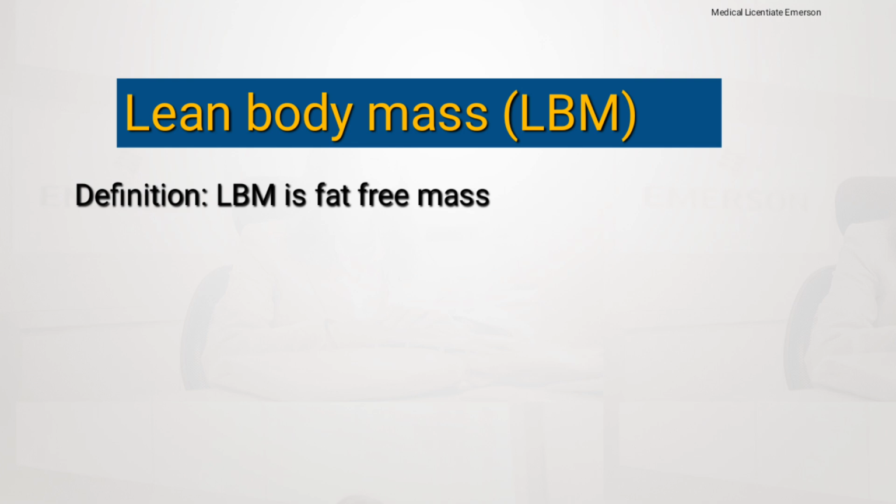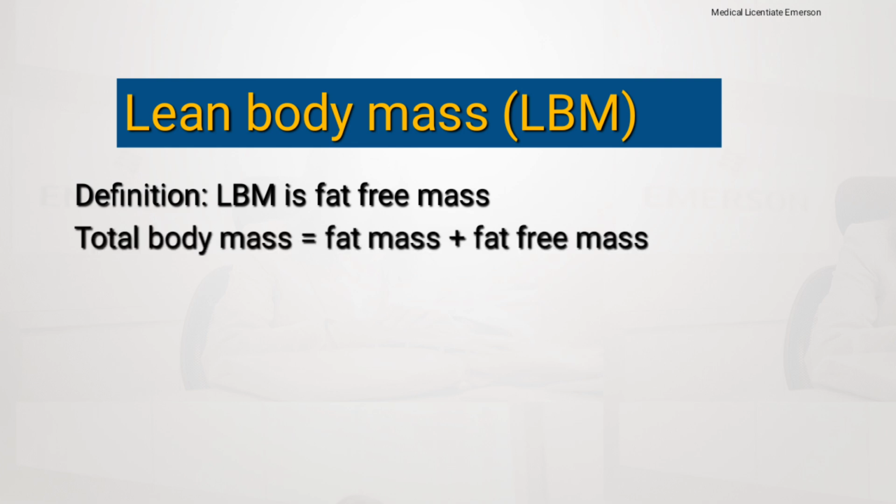Okay. Then for the lean body mass, which is the fat-free mass, the total body mass is equal to fat mass plus fat-free mass. So that is the formula for the total body mass: fat mass plus fat-free mass.